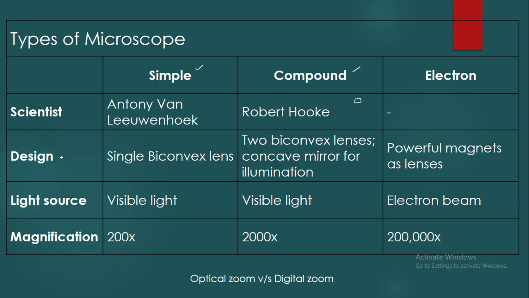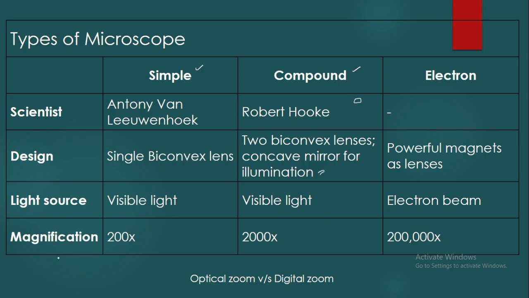The simple microscope has a single biconvex lens, whereas a compound microscope has two biconvex lenses and a concave mirror to bring light onto the sample. In an electron microscope, powerful magnets function as lenses. The light source for the simple and compound microscopes is visible light, and for the electron microscope it is the electron beam.